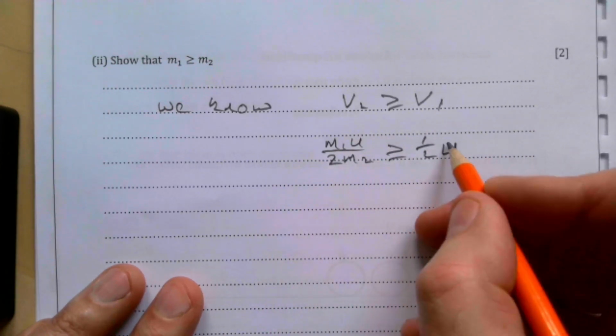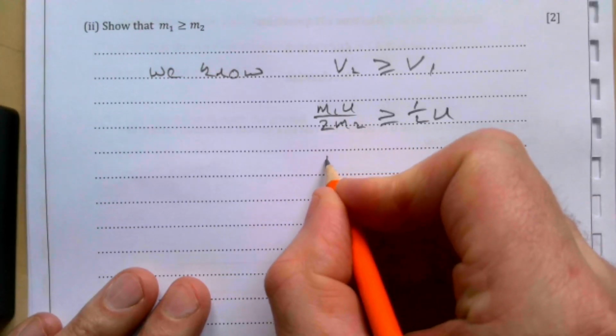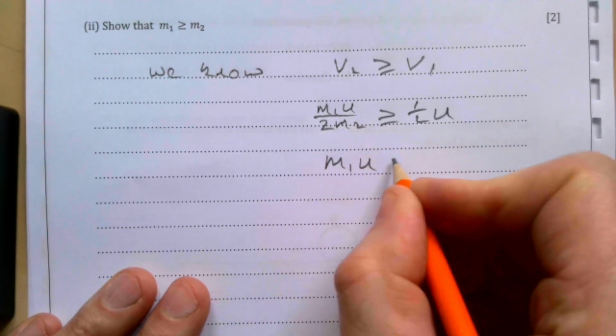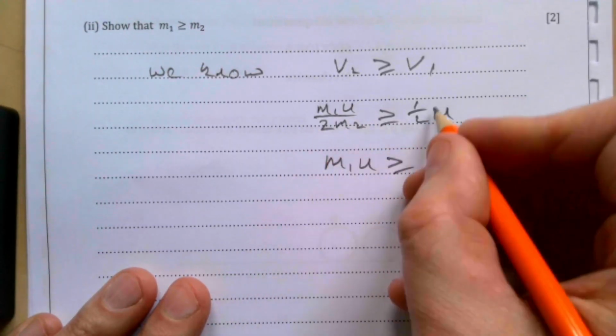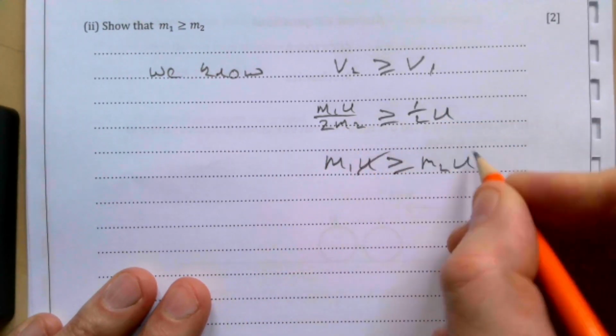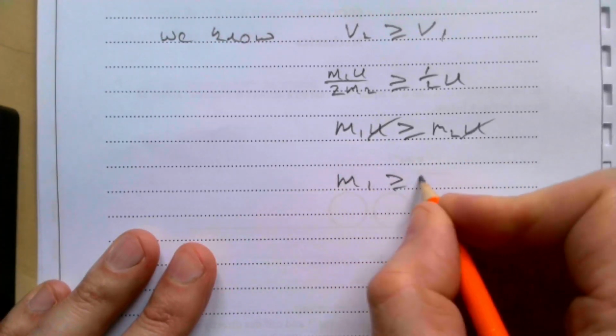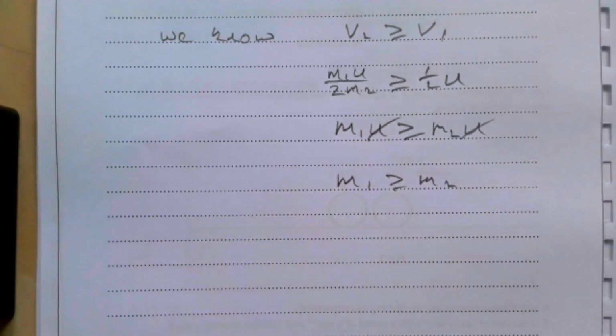So if we multiply through by the 2 m2, I get m1 u is greater than or equal to m2 u, and sure enough our answer falls out. So we have m1 is greater than or equal to m2.